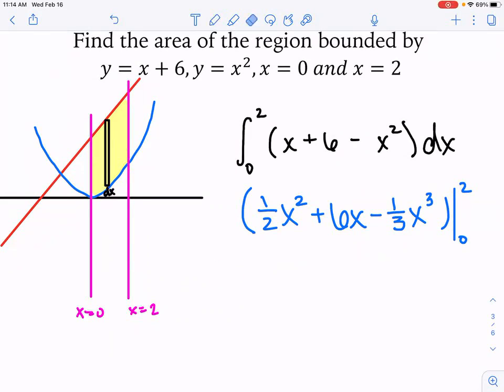It was 1/2 times 2 squared, plus 6 times 2, minus 1/3 times 2 cubed, minus 0. 14 minus 8/3.